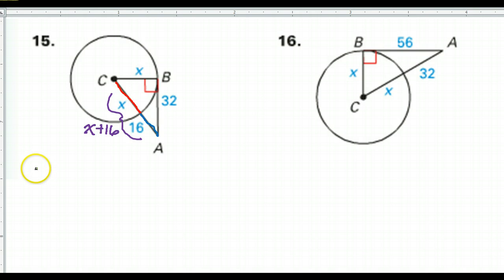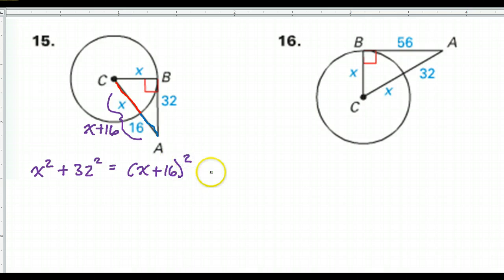So Pythagorean theorem will set up this way. x squared plus 32 squared is equal to, now I've got this binomial for my hypotenuse, so I have x plus 16 squared. Now, the most common mistake that students will make is thinking that the way you square x plus 16 is just to square the x and square the 16.